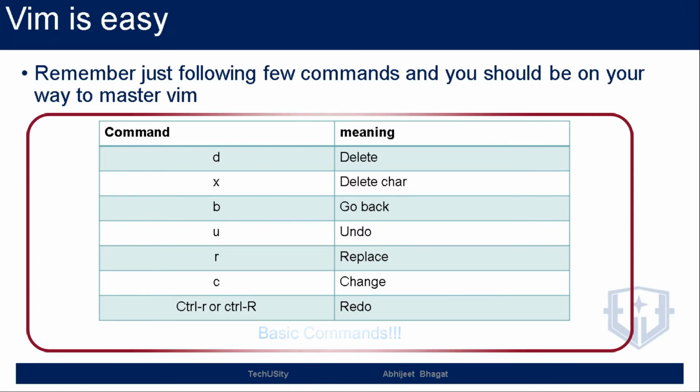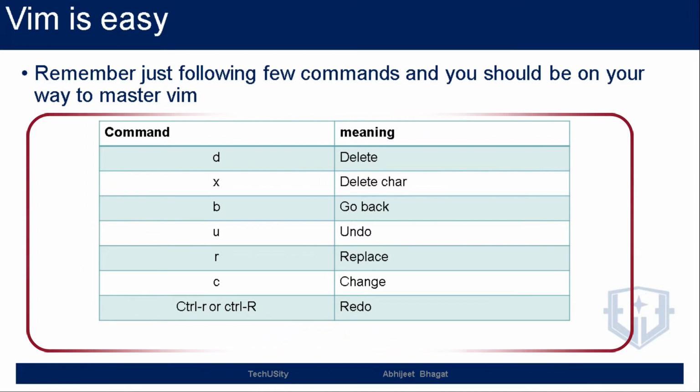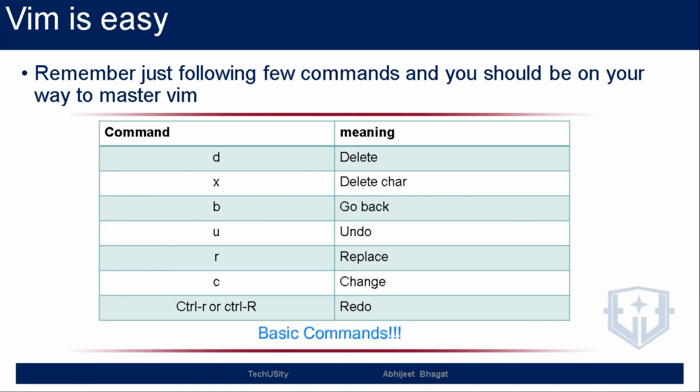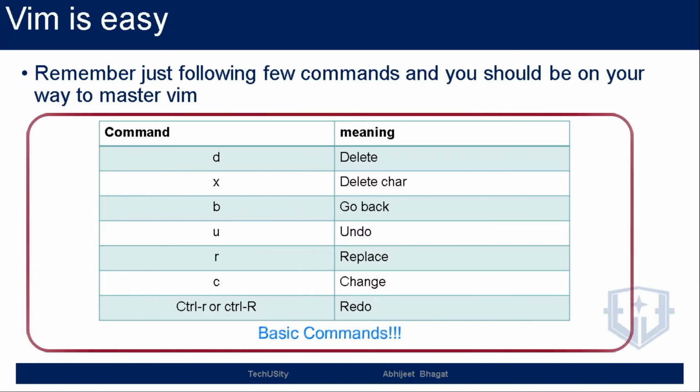However, I would want you to remember these things in an easy-to-remember fashion. For example, if you want to delete, obviously the first letter that should come to your mind is D. If you want to delete a character, you can say X, and it's not very difficult to remember either, right? X like cut or delete, D for delete, obviously.